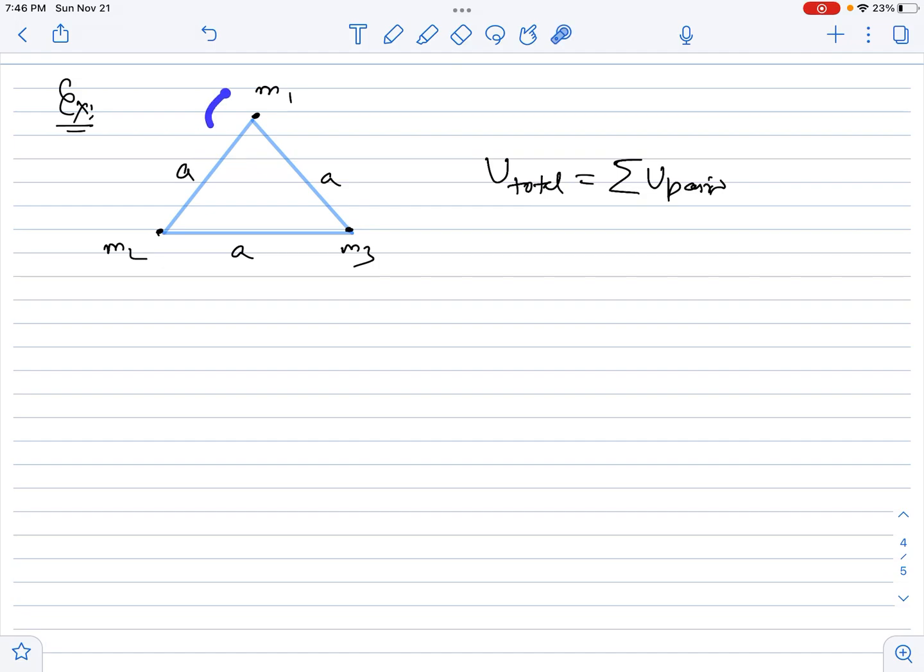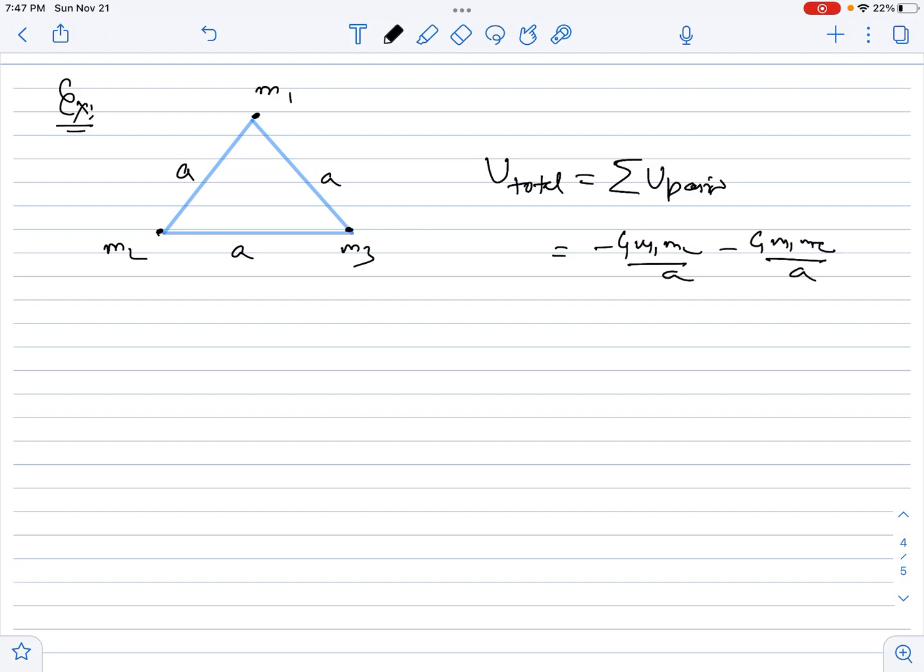So let's count how many pairs there are. One pair is between m1 and m2, and the energy will be minus G m1 m2 by a. We have counted this pair. Now search for another pair. There's a pair between m1 and m3, and the energy is minus G m1 m3 by a.